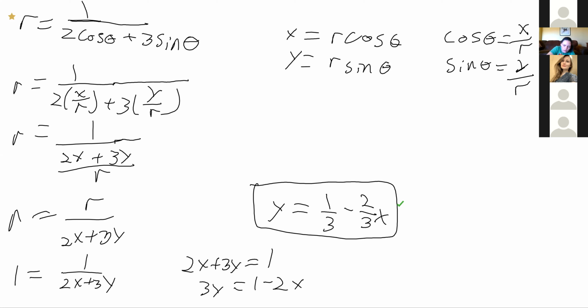All right. Anything else that you guys would like to see? I mean, we can do a volume of revolution because I think that's one of the only ones we haven't done that's going to be on the test. If people want to see that, I mean. That's either problem 3 or 4 on the review.